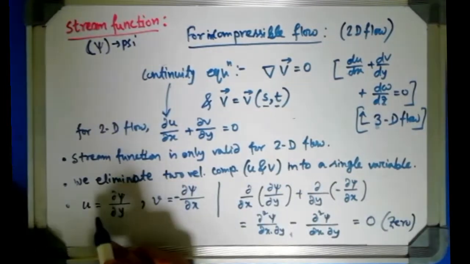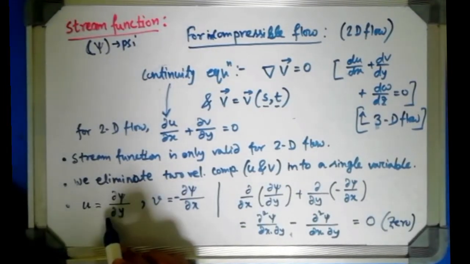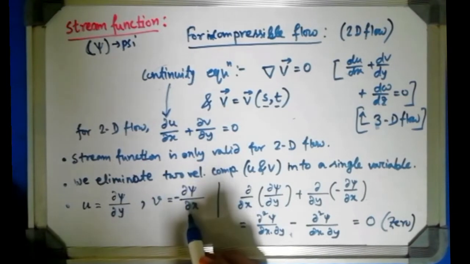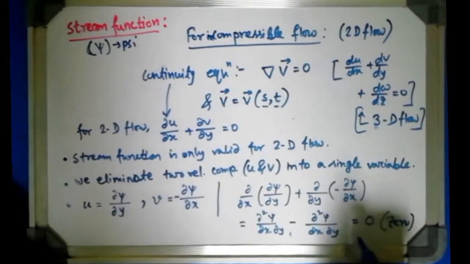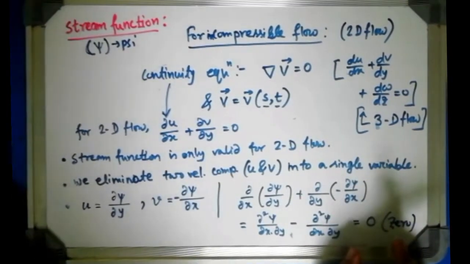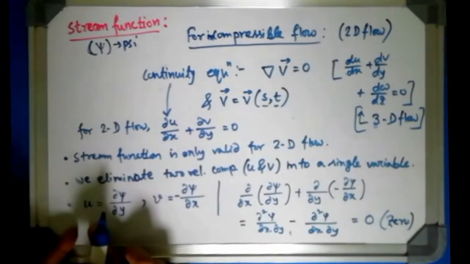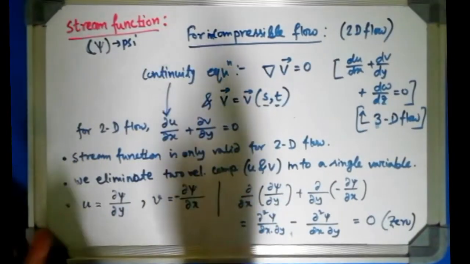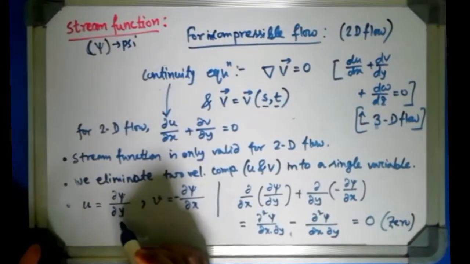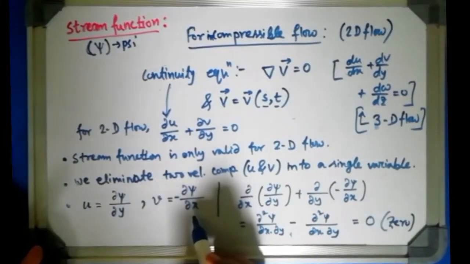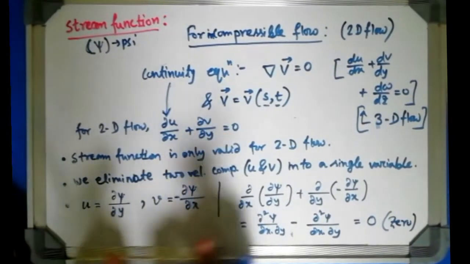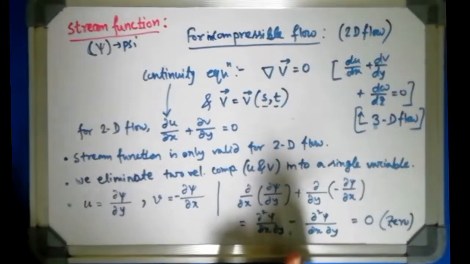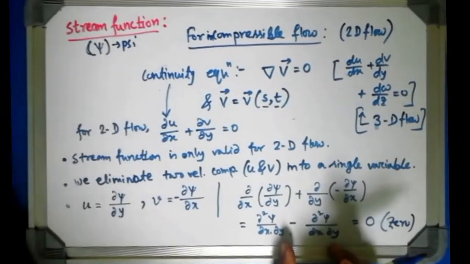Mind it, if I take u equals minus del psi del y and v equals plus del psi del x, it will give you the same thing, 0. So you can take any one. Obviously both of them will be opposite in direction, mind it. Del psi del y can be negative, del psi del x can be positive. They should be opposite in direction, u and v. Then you can satisfy the continuity equation.